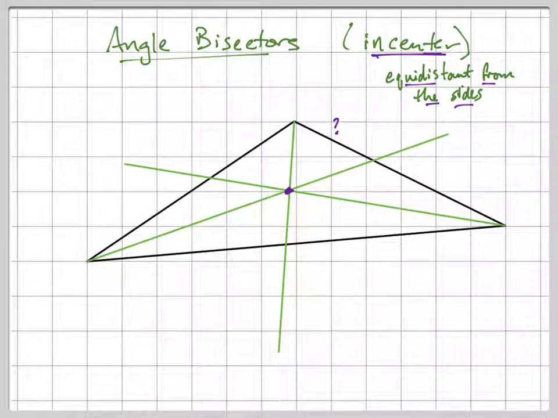What does distance mean? How do I find the distance between a point and a line? What do I have to draw in order to find the distance between a point and a line? I have to draw a line that's perpendicular to it. What's the distance between this point right here and this line right here?